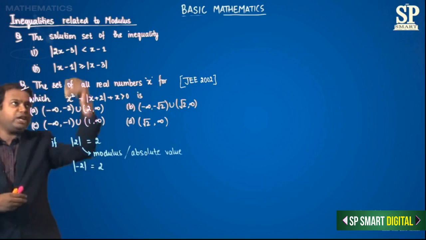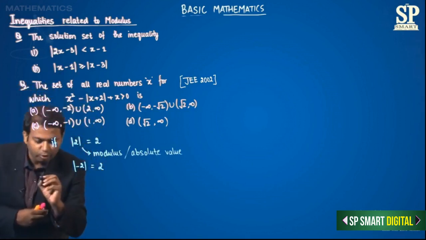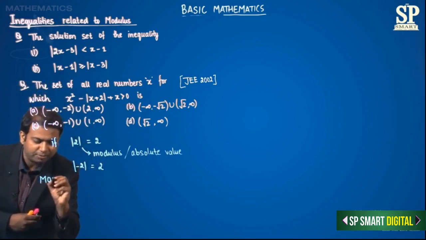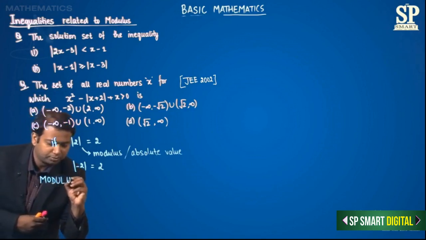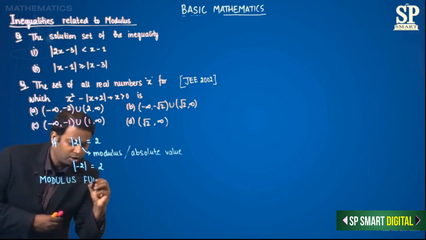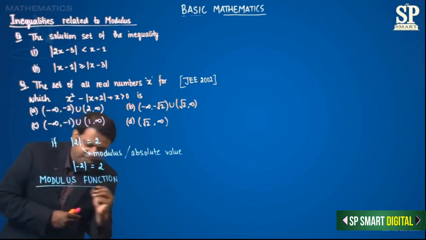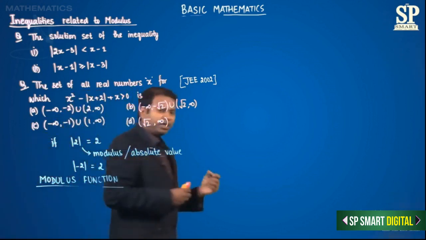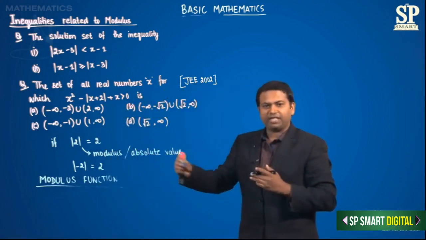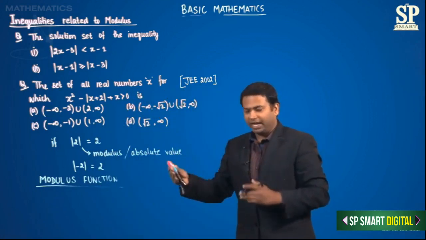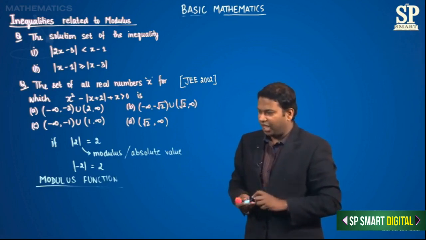So this is basically the understanding of a modulus. Before we get into solving these questions, we need to understand the modulus function. Whatever we take, it neglects the sign and gives us the value.